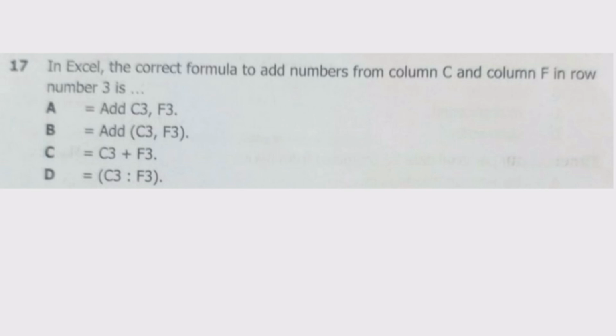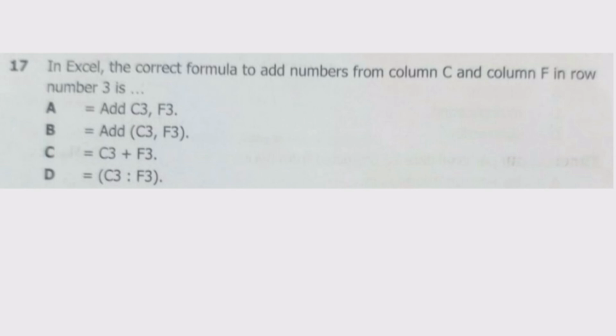Question 17. In Excel, the correct formula to add numbers from column C and column F in row number 3 is? A. Equals add C3 F3.